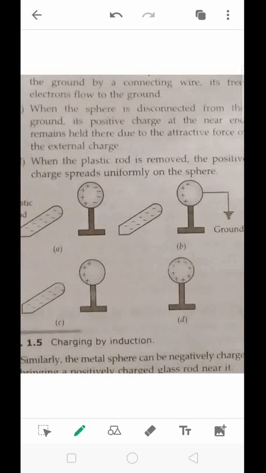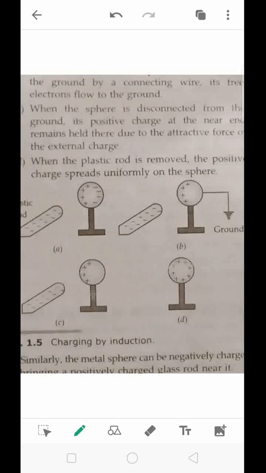Now, in case C, what is done? What is observed? All the negative charges already got transferred to the ground. Only positive charges are left on the near end of the plastic rod. Okay, now remove the plastic rod. When the plastic rod is removed, what did we observe in the previous experiment?